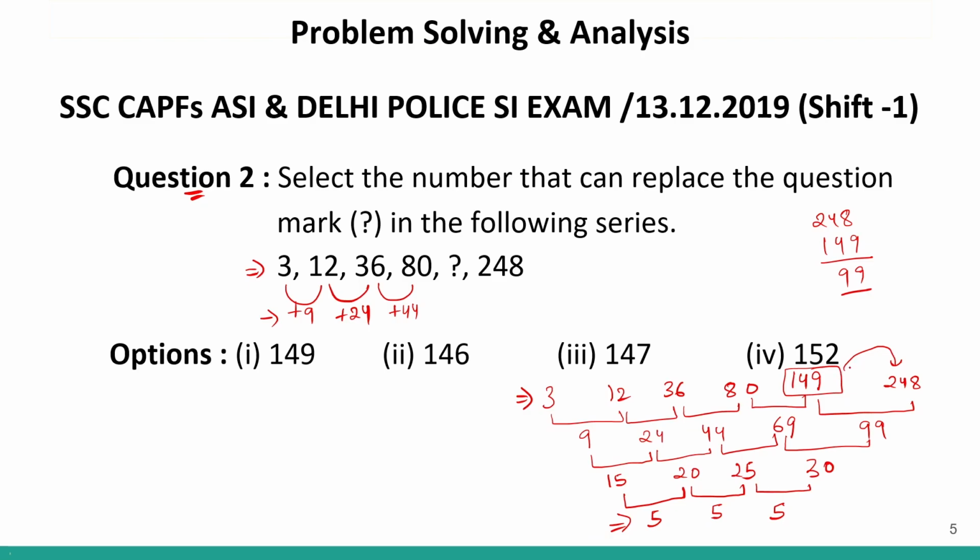So 149 will be the correct answer because it logically follows with the previous term as well as with the next term. So this is how you solve a question in which you cannot identify a pattern. Initially there was confusion, but when I broke it down to the smallest possible number, which was 5, we could identify a pattern. Clear? So the correct answer is 149, which is given in option number 1.